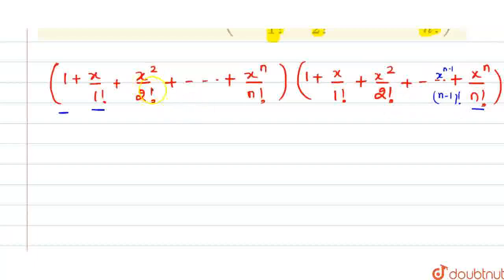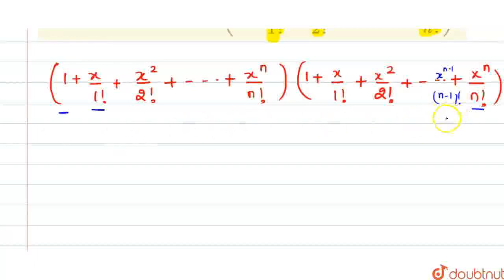So, if I take this x term with this, the total power of x will be x raised to the power n. Similarly, if I take this term with this, then this will be x raised to the power n term, right? So, what we will do, we will combine the terms like this.